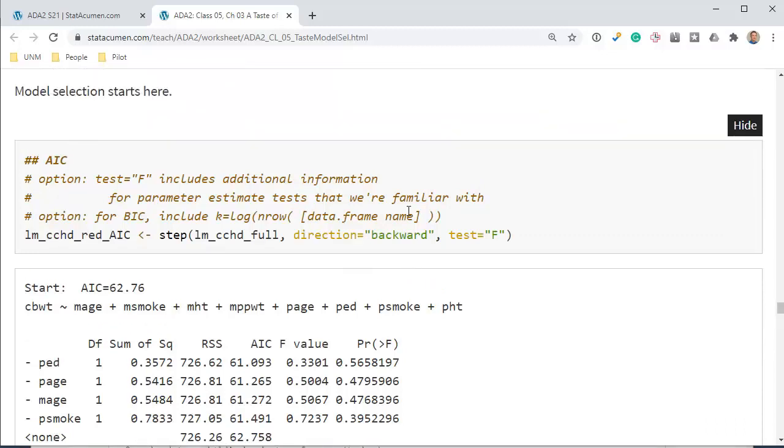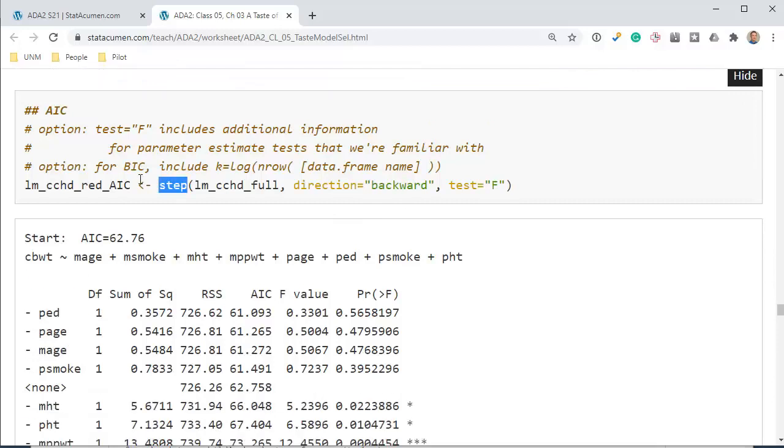All right, let's do our model selection. We're going to use this function called step. By default, we're using AIC, the Akaike information criterion, and we're going to start with the full model. We're going to do backward selection, and this F-test just adds two additional columns to give you p-values for whether or not a term is significant.